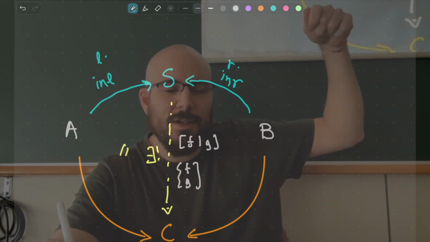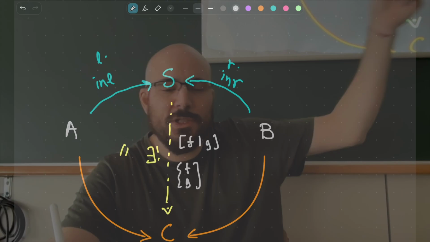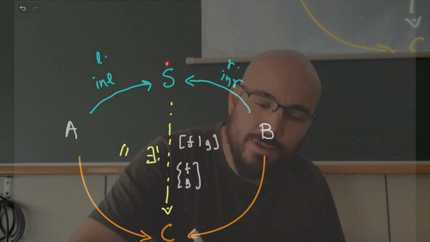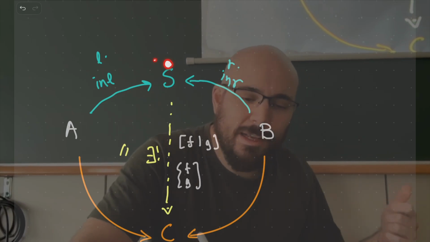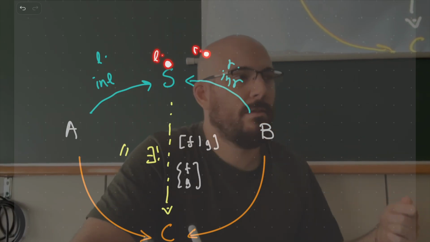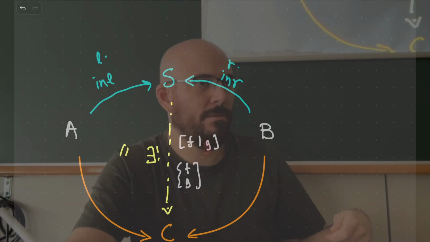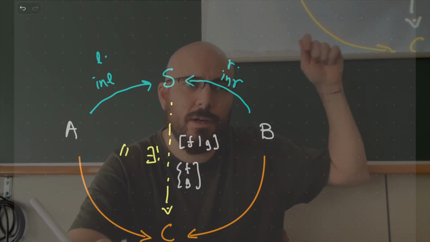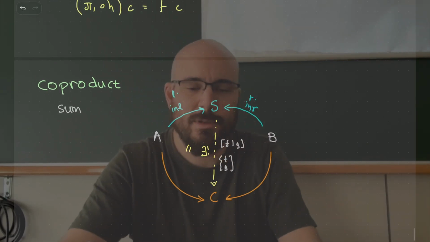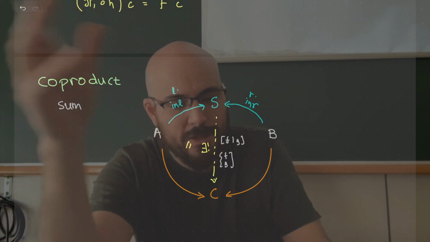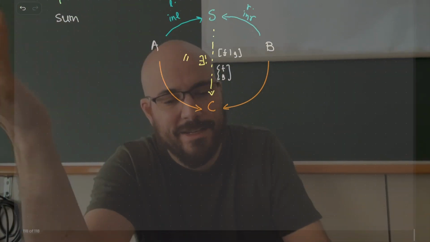The idea is that you pick which of the two functions you will call depending on whether the thing you have here is a lefty or a righty. If it's a lefty, you call this one. If it's a righty, you call this one. We've seen this function before when we were talking about the sum type, and now we're just universalizing, abstracting this notation so that it's applicable in any category.